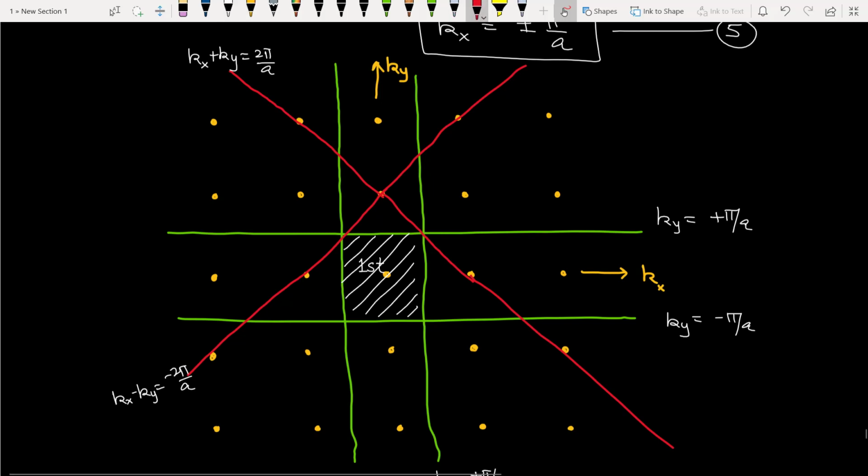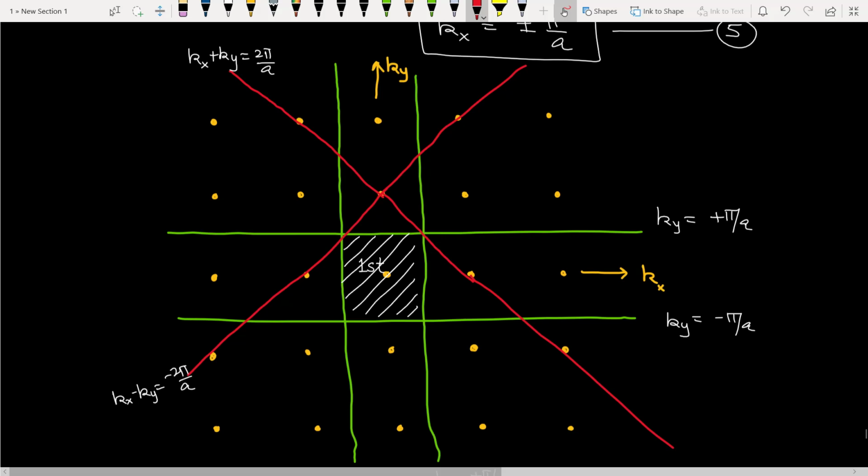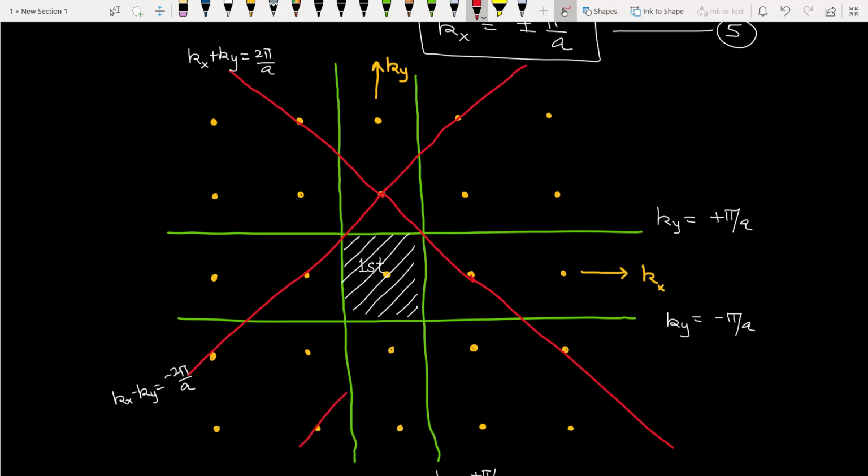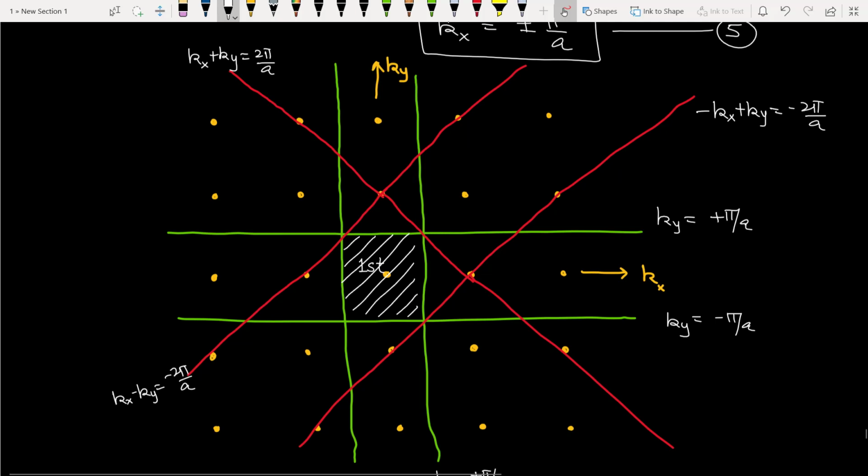We have chosen a different color. Minus kx plus ky is equal to 2 pi by a. It will be this line. Minus kx plus ky equal to minus 2 pi by a, and then the fourth line, it will be this one. So what is the fourth line left? That is kx plus ky equal to minus 2 pi by a, and the region enclosed, sorry, this is not that line.